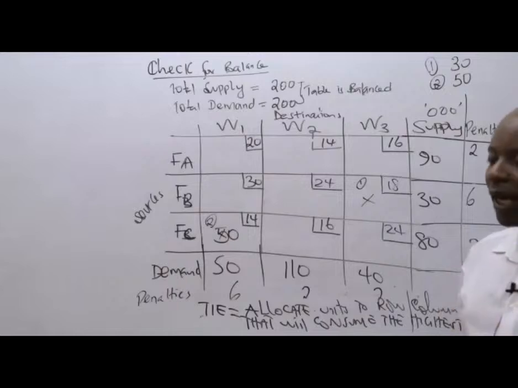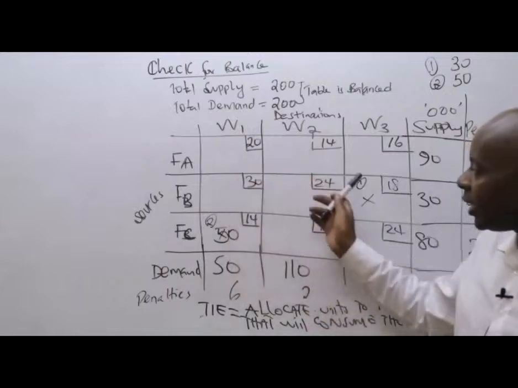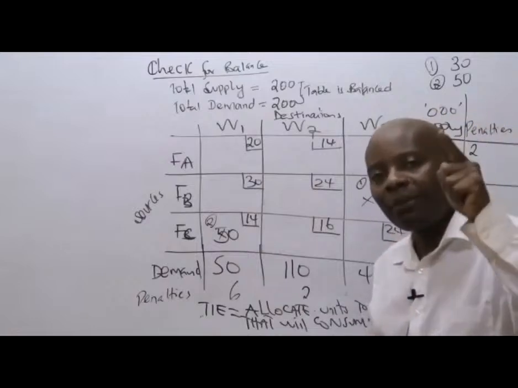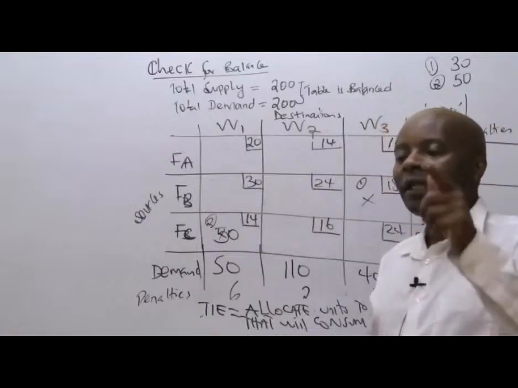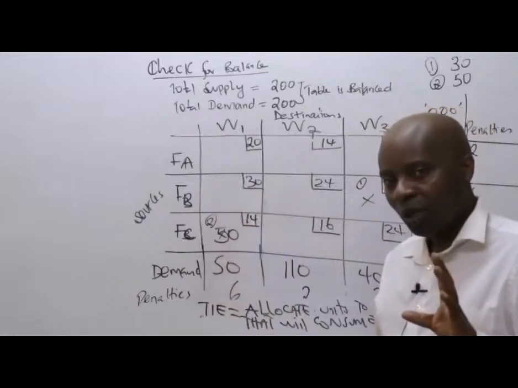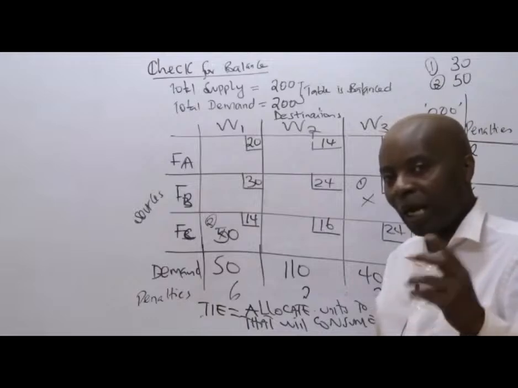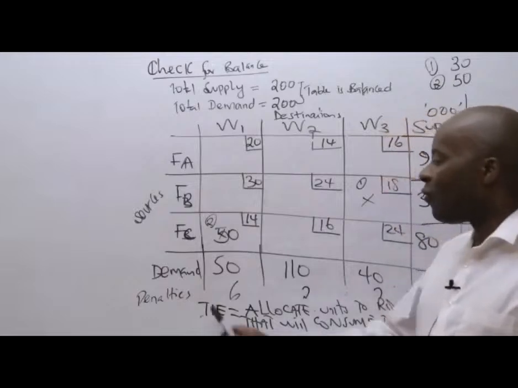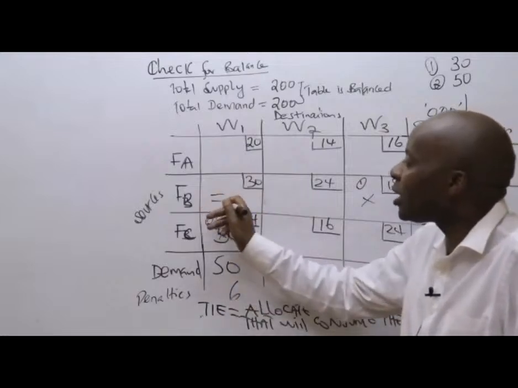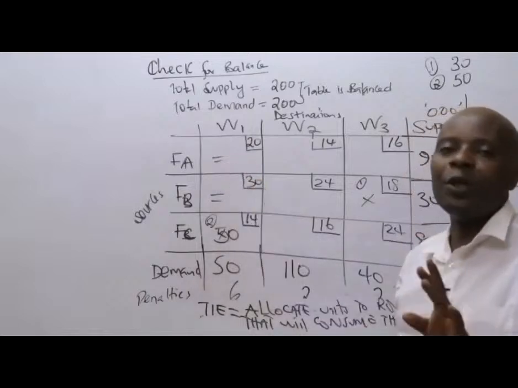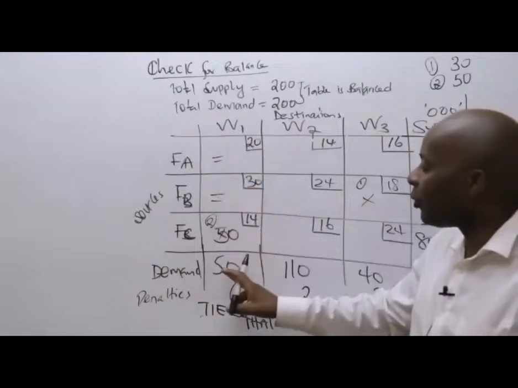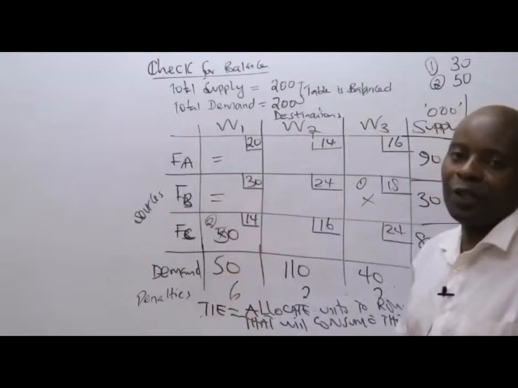Now listen here. When I put any figures inside these cells, we must always meet some total. Whenever we put any entry inside here, we must always meet some total. So we must analyze to see which total has been met. Like now here, we have met this total of 50, meaning that in the future, there is no way these two cells here will ever accommodate any unit, not even one unit, because if you try putting one unit here, automatically it will surpass these 50.